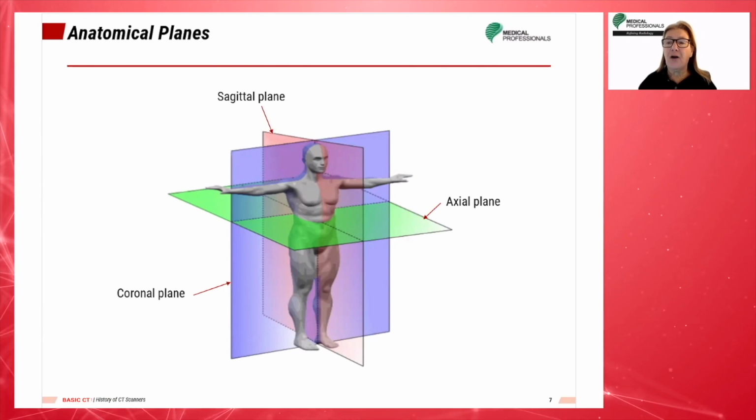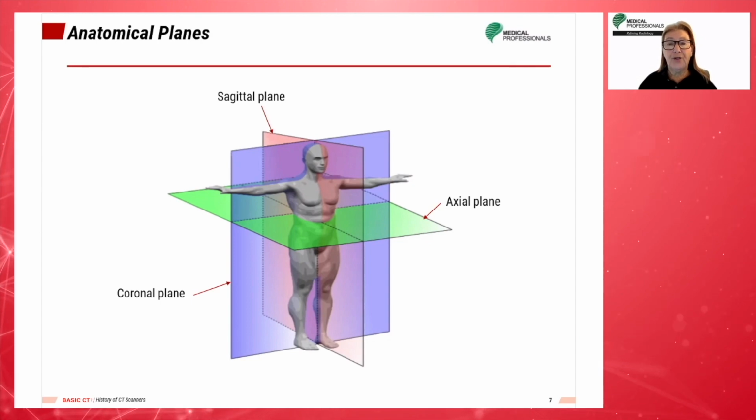Body planes are hypothetical geometrical planes used in medicine to divide the body into sections. They are commonly used in human anatomy to describe the location or direction of bodily structures. Reference planes are the standard planes used in anatomical terminology.